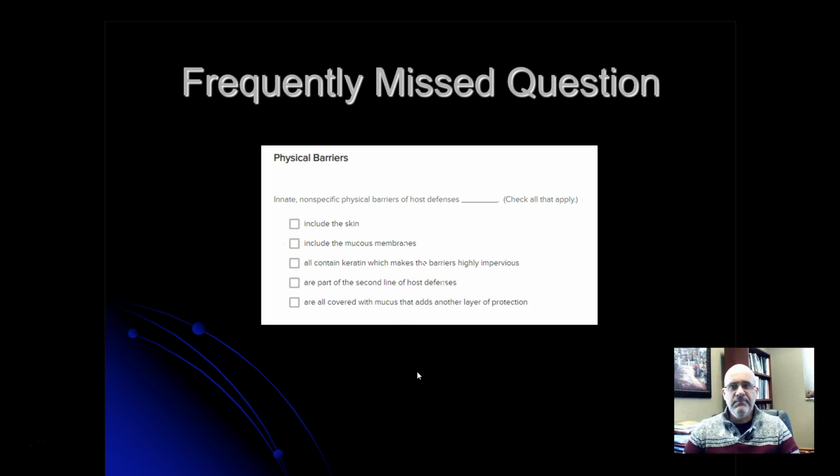So include the skin. Yes, we want to pick that one. Include the mucous membranes. Yes, those are part of our innate, non-specific barriers. Those are first line. Now this question doesn't specify only first line. It just says innate, non-specific. So that's first and second line fall into that category.